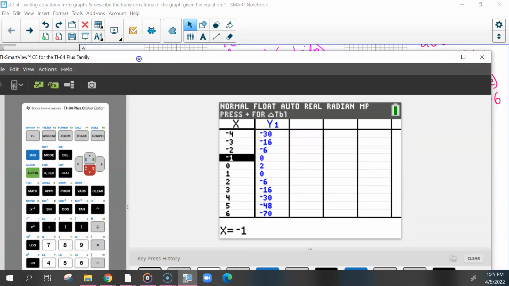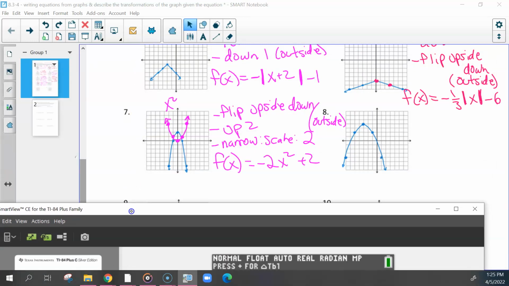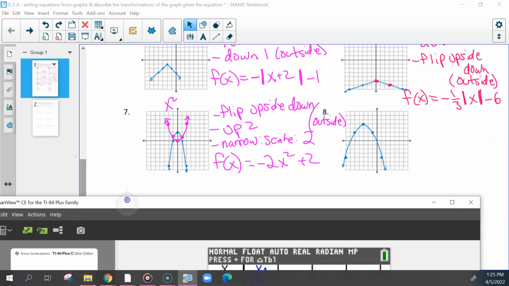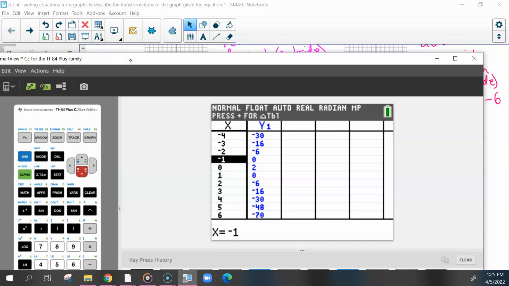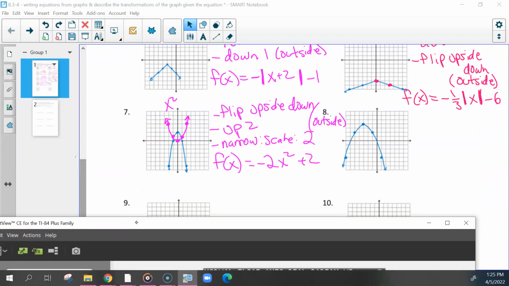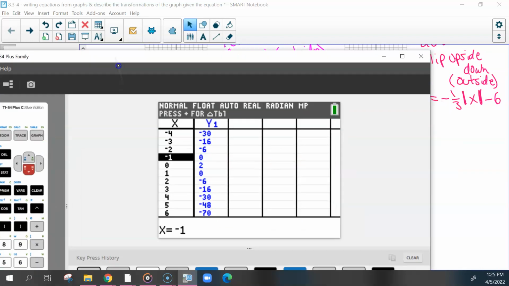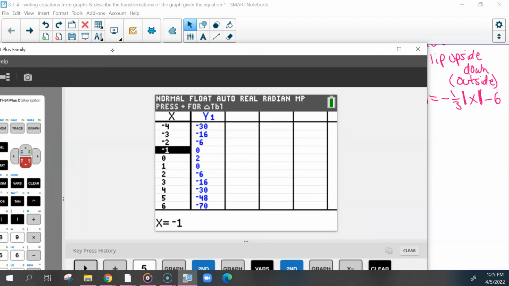That's right. Negative 1, 0. That's right. 0, 2. 1, 0. And then there should be 2, negative 6. Yes. So anytime you're not sure, especially with scale factors, double check it in your calculator.